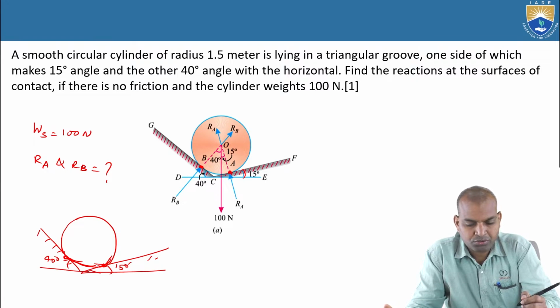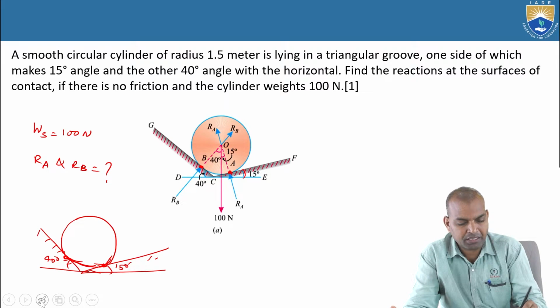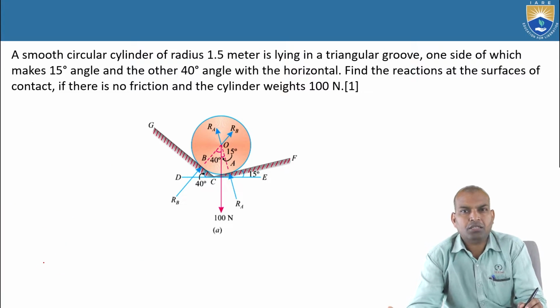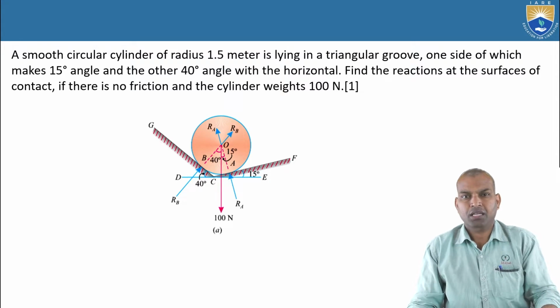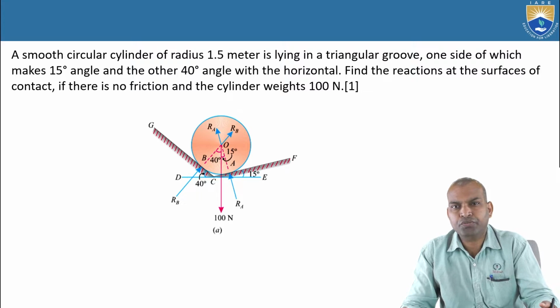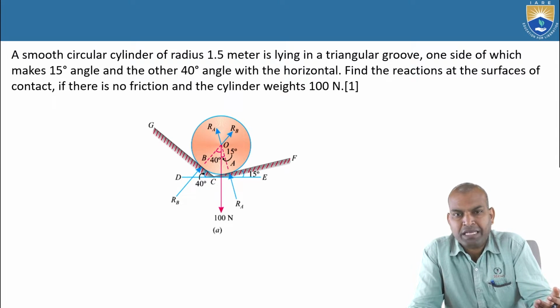Before going to solve those reaction forces, we have to know the equilibrium conditions. There are three types of equilibrium conditions. These conditions are highly useful in order to know or to maintain the stability of the body.